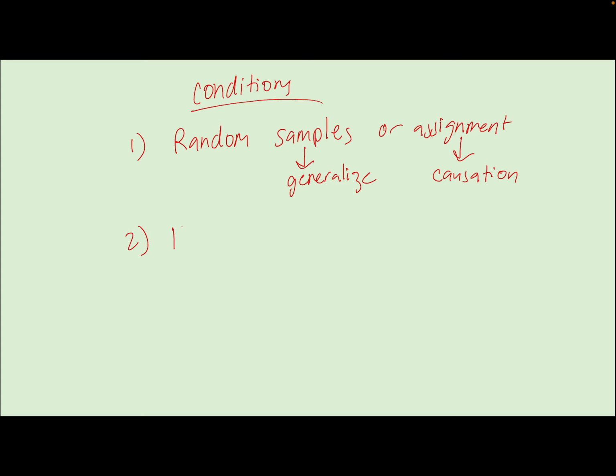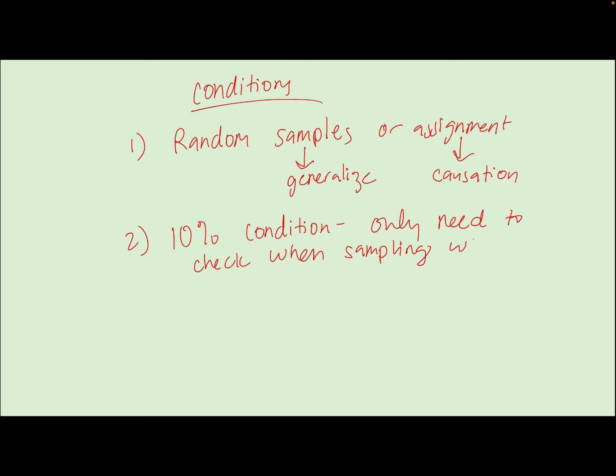All right, second one is our 10% condition. You only need to check this if you're sampling without replacement. And then just a reminder on what this means. If we have 2 different proportions we're looking at, we are going to have to check for both of our samples.